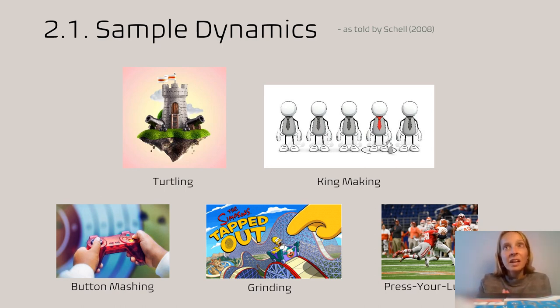But one dynamic that works against the player being able to win the game through their own hard work and smarts is king making, where a player that has no chance to win starts sabotaging other people to determine which of the other players will win. So it's problematic because people get to decide or try to make certain other people win, rather than not.